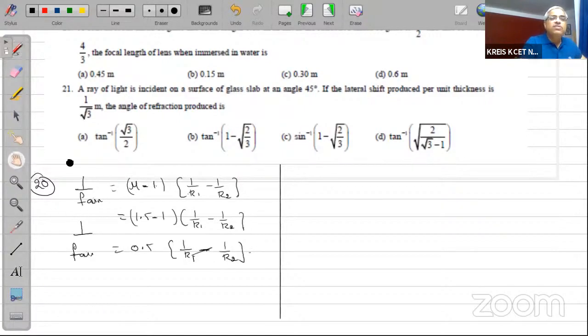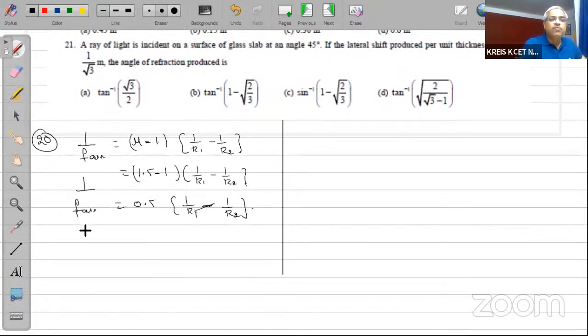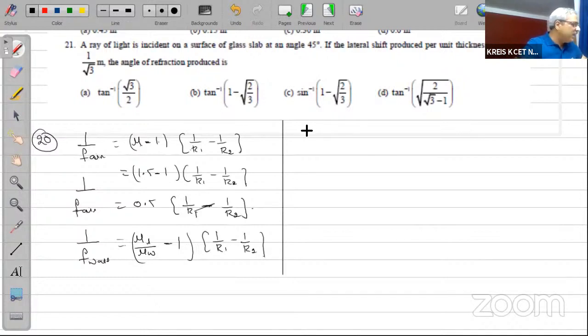Now when you immerse this in water, what should be the focal length of this in water? Now this should be written as, remember students, refractive index of the lens divided by refractive index of water minus 1, into this whole thing, 1 by r1 minus 1 by r2. So I can now take the ratio of the two.